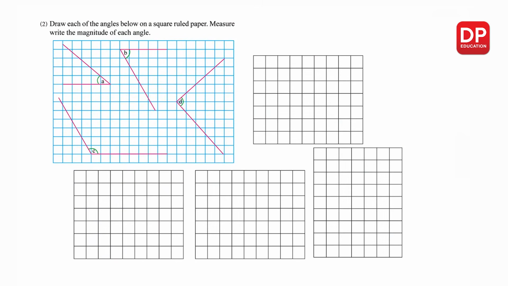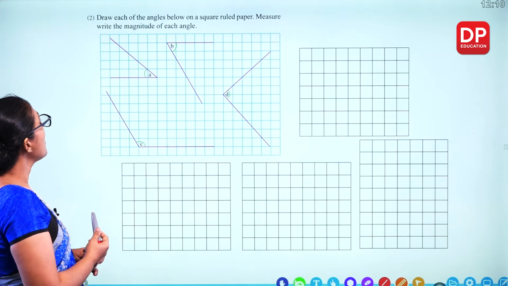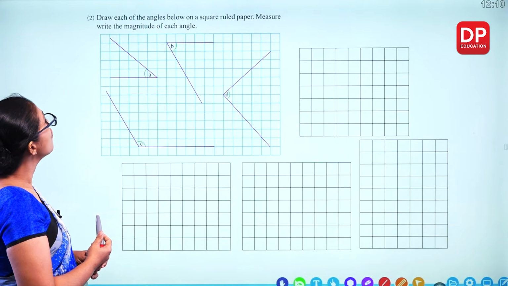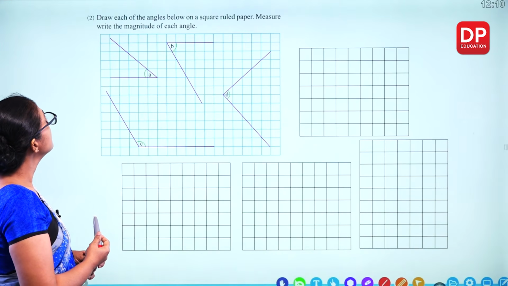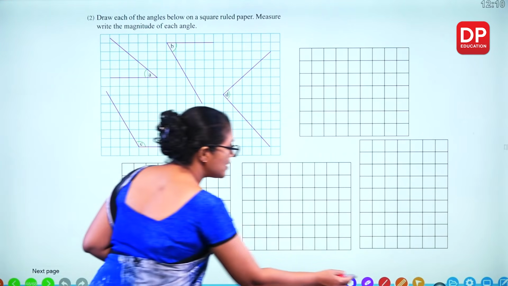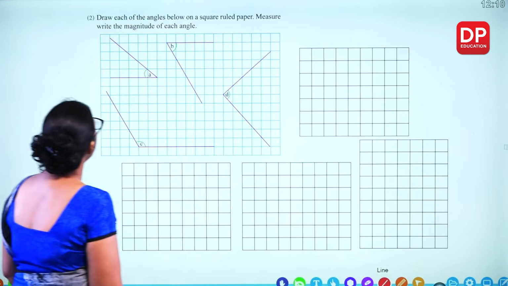Draw each of the angles below on a square ruled paper. Measure and write the magnitude of each angle. So we have to draw these angles and measure them. We'll take the ruler.